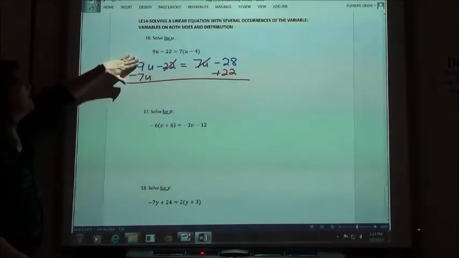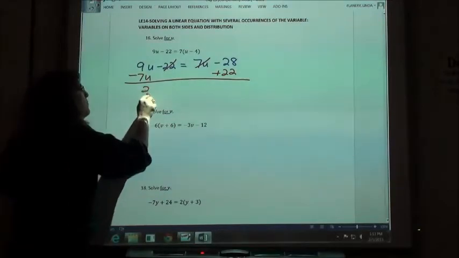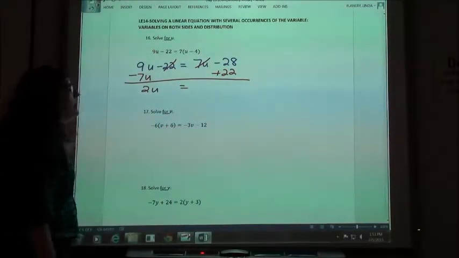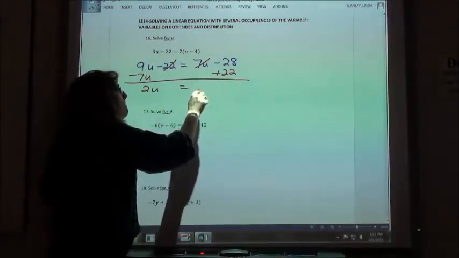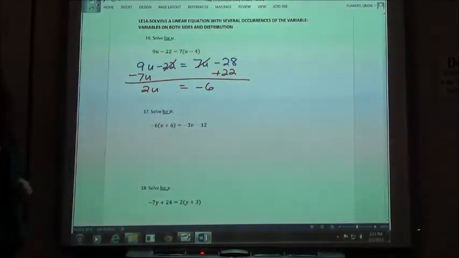So then when I did 9 minus 7, she already said 2u. Negative 28 plus 22 is negative 6.